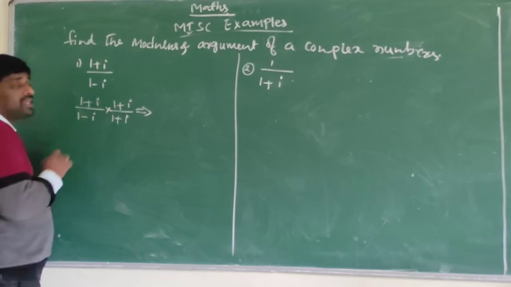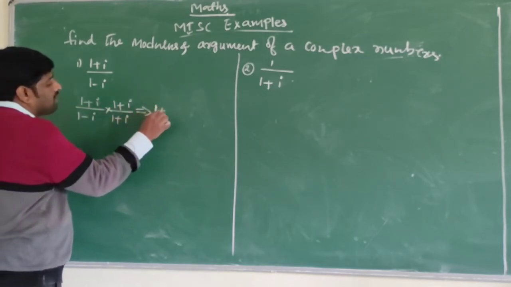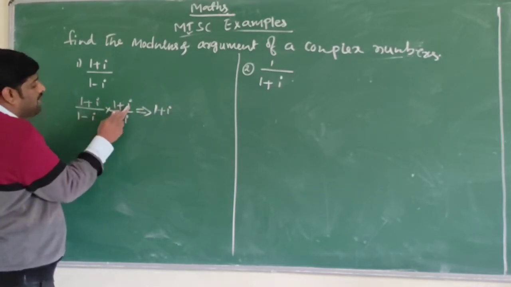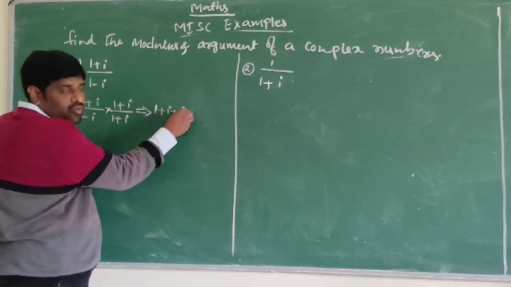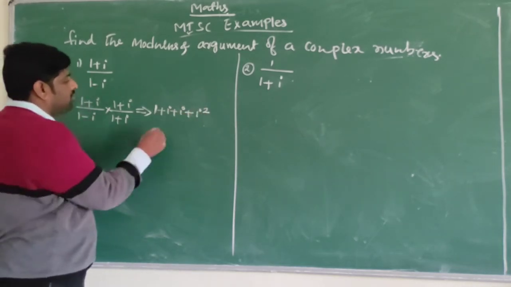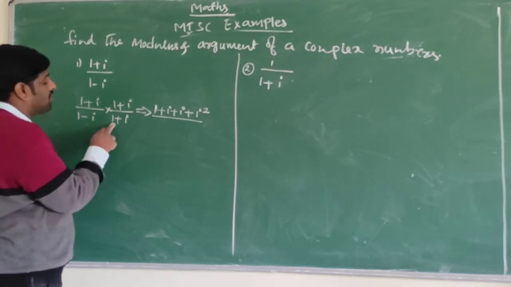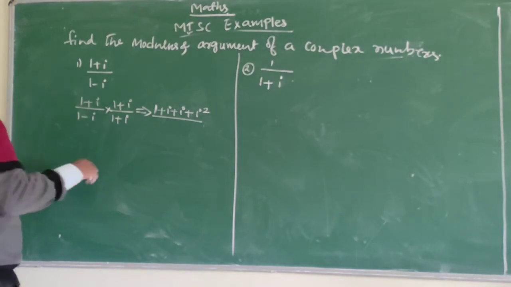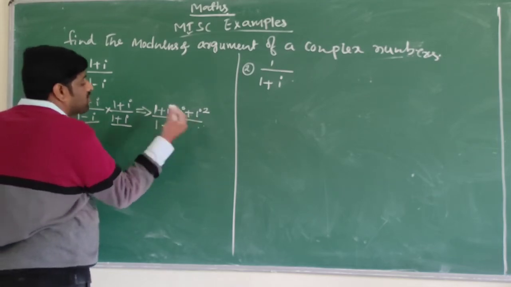So 1 ones are 1, 1 into i is i, i into 1 is i, and again i into i is i squared, divided by 1 minus i into 1 plus i, which is the form of (a plus b) into (a minus b), that is 1 minus i squared.